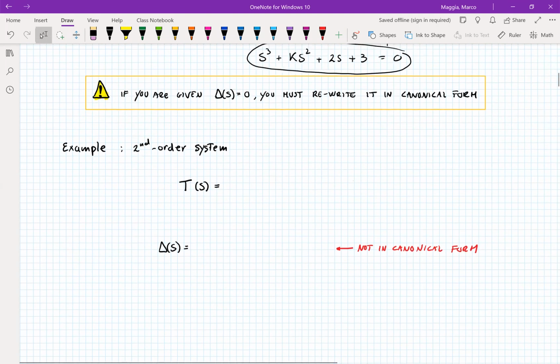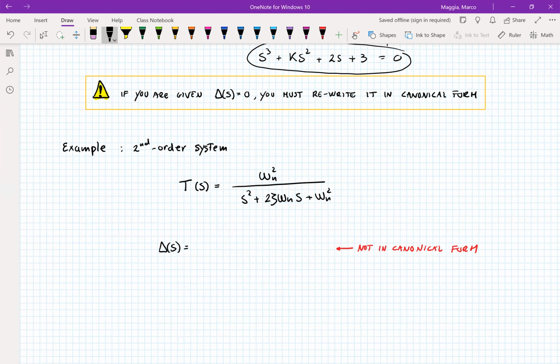And in order to do that, let's consider what we already know very well, that is a second order system. So we have our closed loop transfer function in the standard form for the second order system, with our natural frequency and the damping ratio. And in this case, let's say that omega n is fixed or is known, and our parameter is our damping ratio.